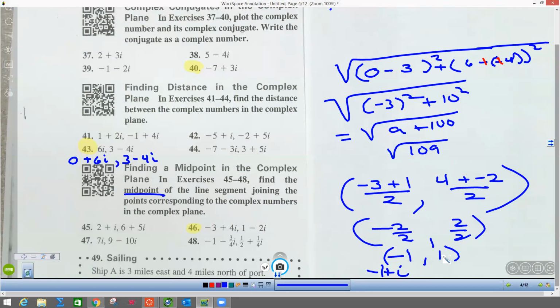Just put the i back with the coefficient on 1. Does everybody thumbs up on that? So I'm not sure if they're going to write it as the ordered pair for the midpoint, or if they're going to write it back as a complex number. This number right here is also the midpoint of these two original ones. Yes, ma'am? I'll take either right now. I'll try to find out if there's a test made yet. And if it is, I will have you do it that way.